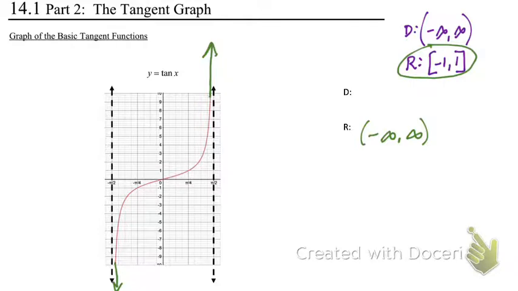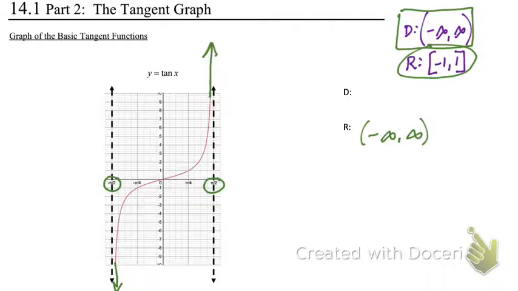Now our domain, what angles can we take the tangent of? Well, we saw whenever we punch it in our calculator, sometimes we get undefined values. We got them at pi/2 and -pi/2. So unlike sine and cosine, where we can take the sine and cosine of any angle you ask us to, not for the tangent. We have these asymptotes, these undefined values we have to worry about.